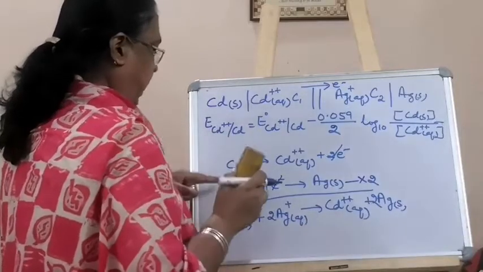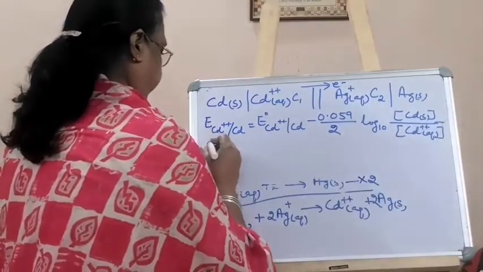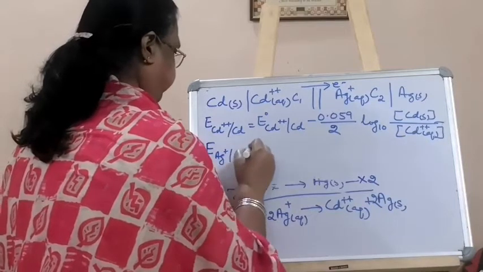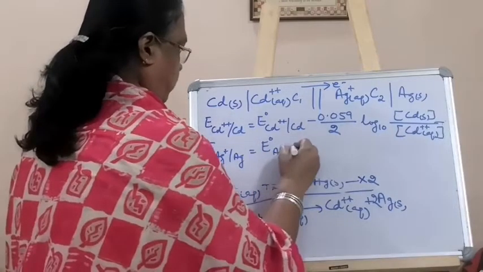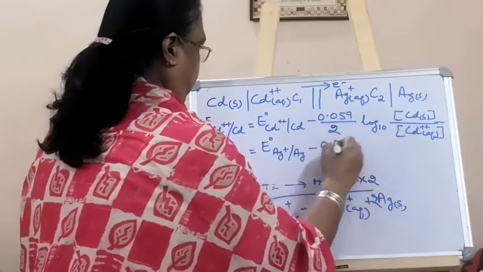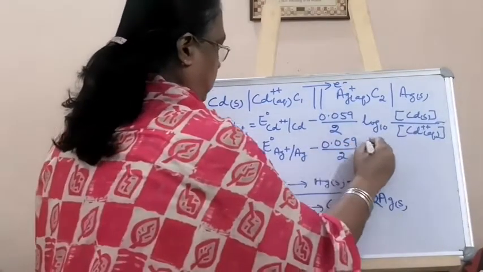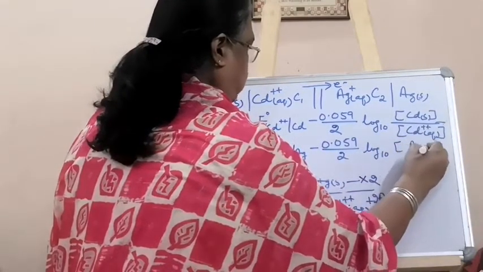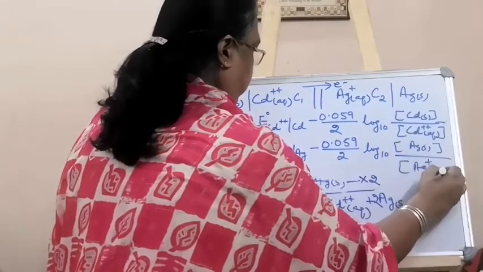Okay. Now I will write for silver. For silver, we will have E of silver ion over silver equal to E0 silver ion over silver minus 0.059 upon 2, same, log base 10, concentration of silver solid upon concentration of silver ion aqueous.